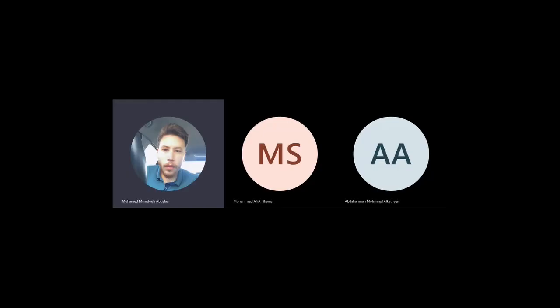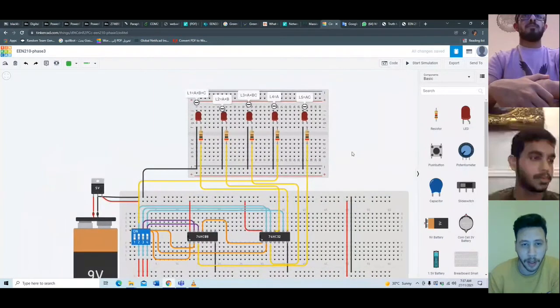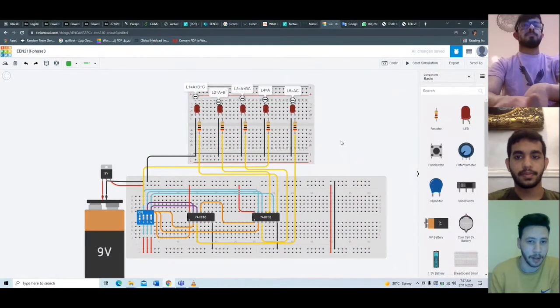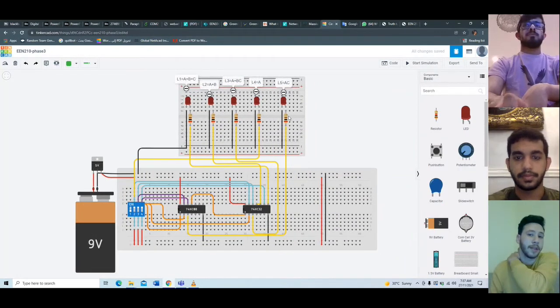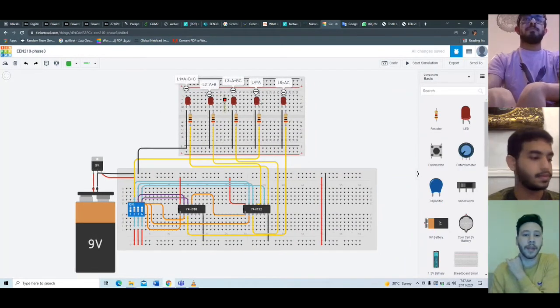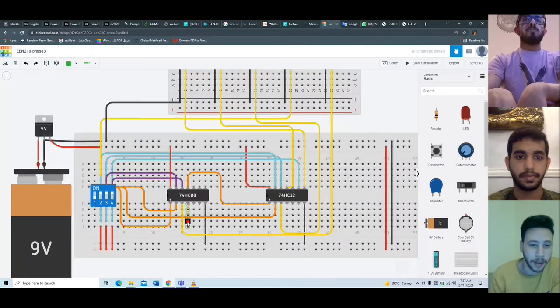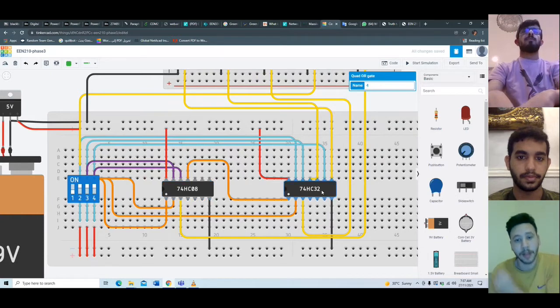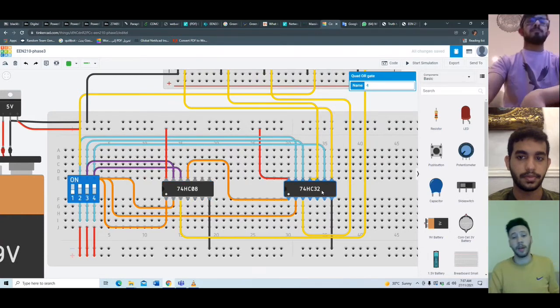Now I will start talking about the hardware. First, we simulated our hardware in phase 3 as a Tinkercad circuit. Here we can see the 5 lamps and these gates: the 74HC08 is our AND gate, and the 74HC32 is our OR gate.